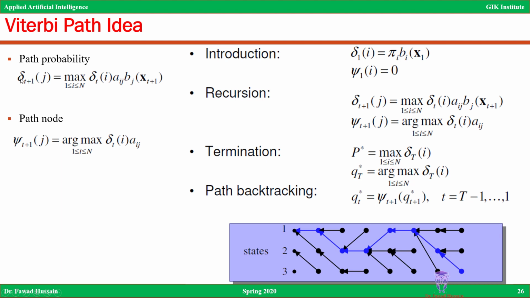So delta here is the path probability, and we are trying to find the maximum path. This is the path node, and the node is the delta that resulted in that maximum value. We are going to solve the problem just like we did previously. This is going to be the forward phase, and then we are going to backtrack and see from where we got these values.